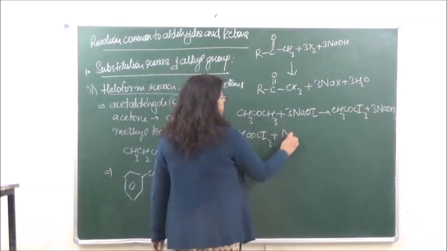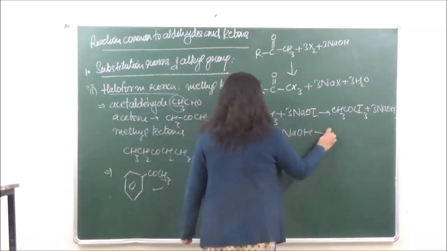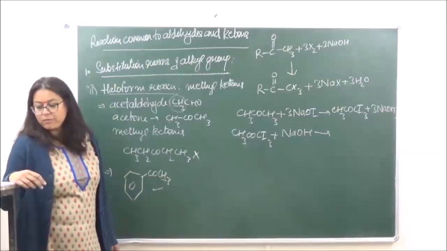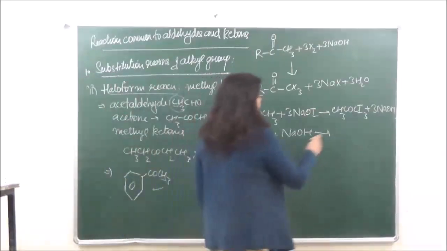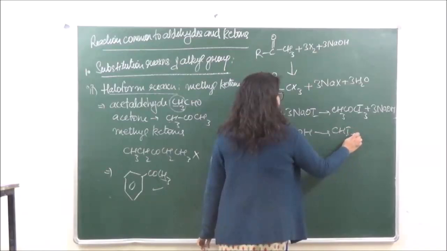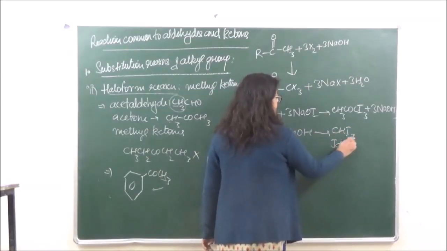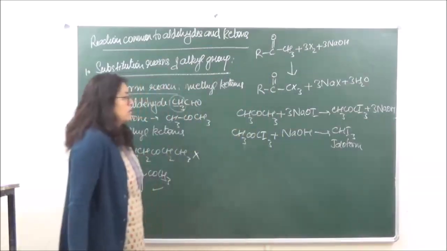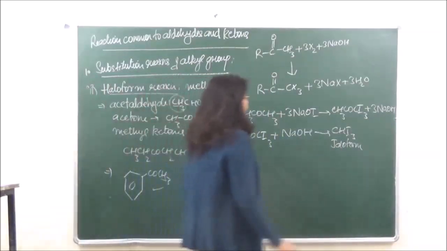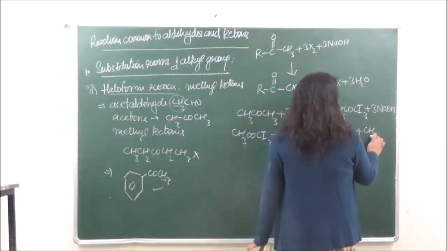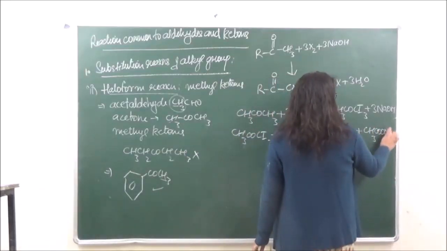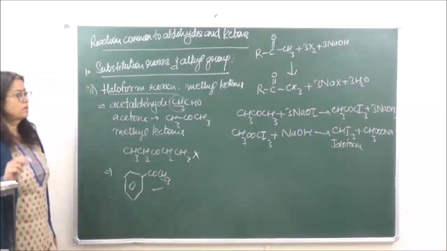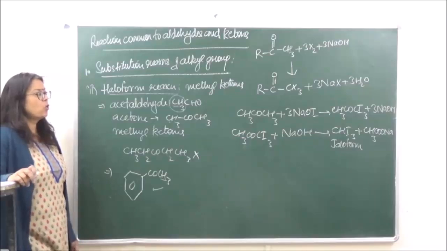Now, next in the second step, we are going to react the product which we have got in the first step with an alkali. So we are going to react this with NaOH, when we will get a yellow precipitate of iodoform. Okay, and with this we are going to get sodium acetate, CH3COONa.